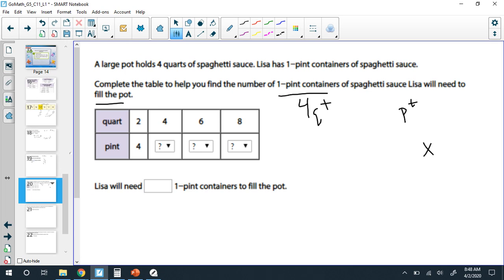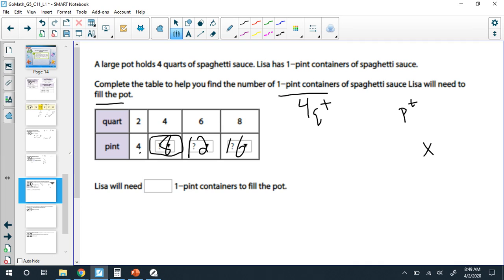So 2 times 2 is 4. And then for this question mark right here, we would multiply 4 times 2 is 8, 6 times 2 is 12, 8 times 2 is 16. So that's a review on how we're going to fill in this chart.